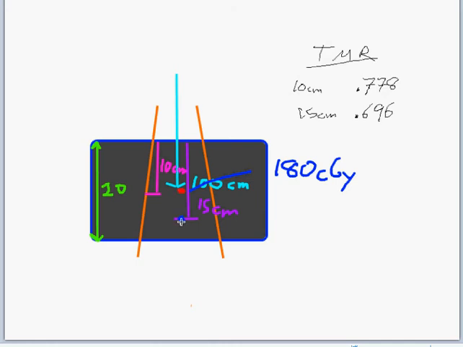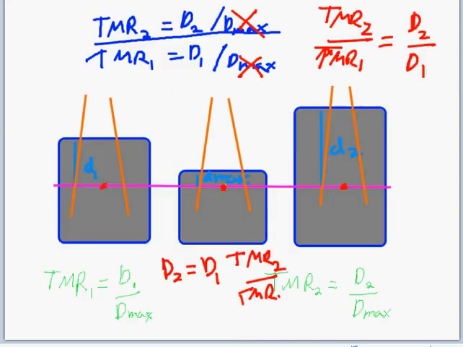This is where I said it's good to know what you're expecting, because here, of course, the TMR at 10 centimeters is 0.778, at 15 is 0.696. Go back to our equation here. This TMR2 is less than the TMR1, which is what we'd expect.